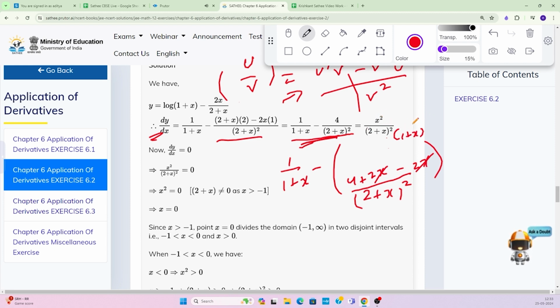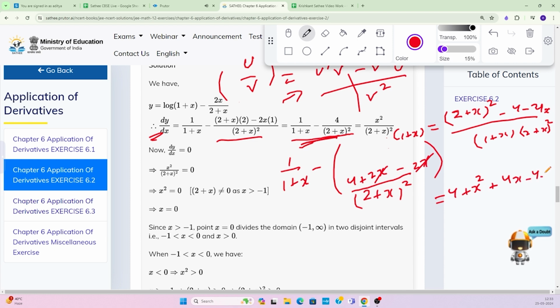Clear? Why? Because there must be this, I hope that this must be written over here. So let me just write it for you. It will be like this: 2 plus x whole square minus 4 minus 4x divided by 1 plus x multiplied with 2 plus x whole square. So if you open this square, let me just write it over here, 4 plus a square plus b square plus 2ab means 4x.